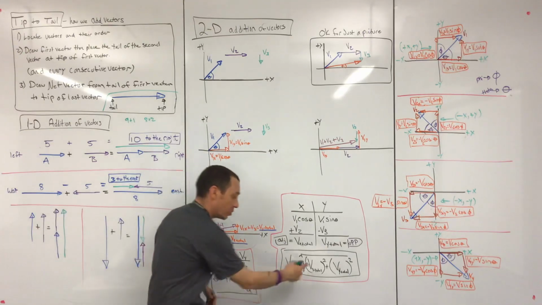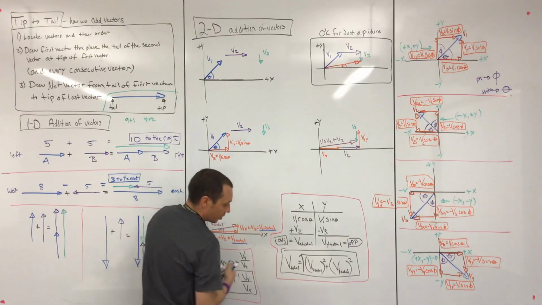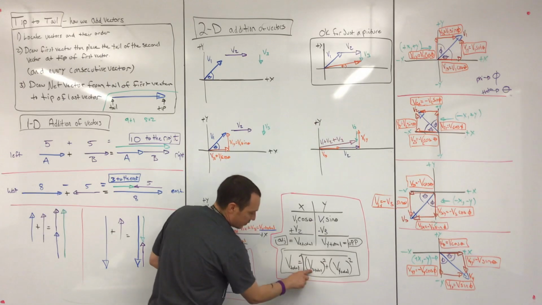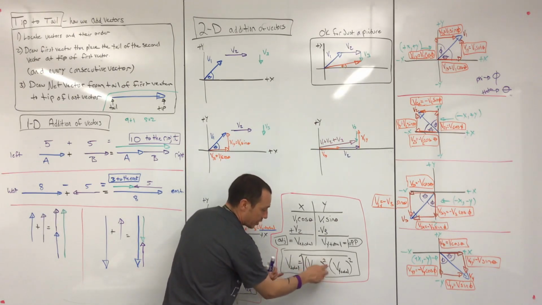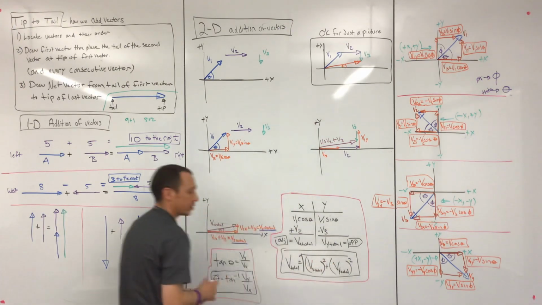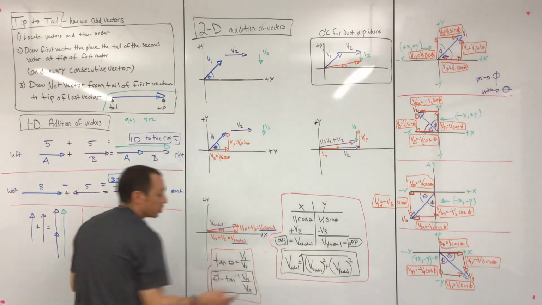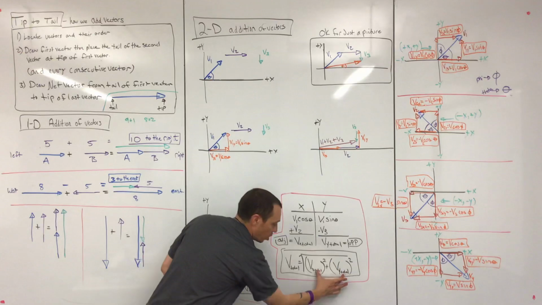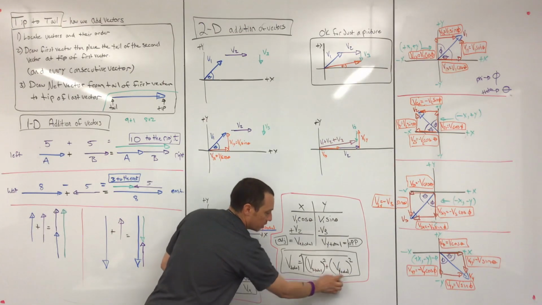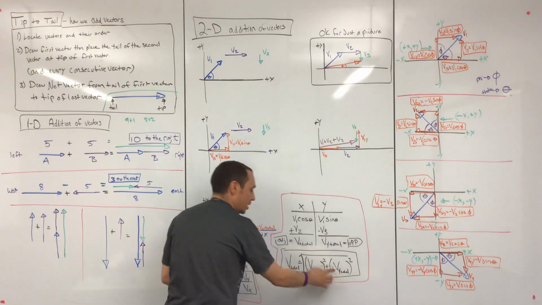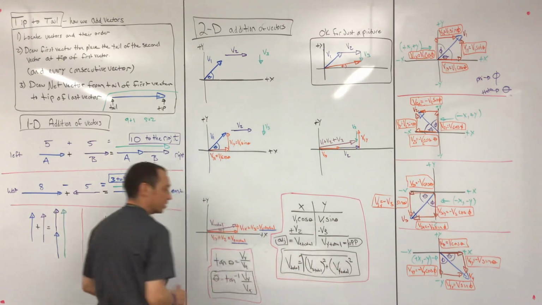It's just the square root of vx total squared plus vy total squared, and you get the total vector. These are the components in here. This is the x component, this is the y component. It's how we add the x and y components.